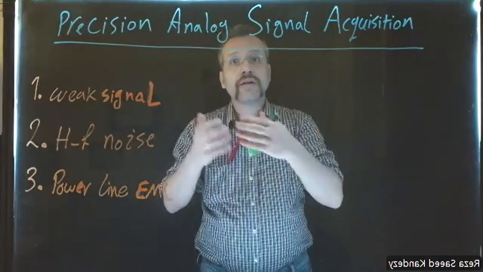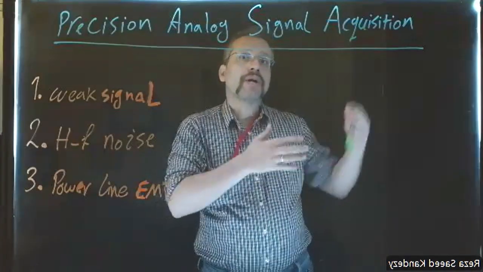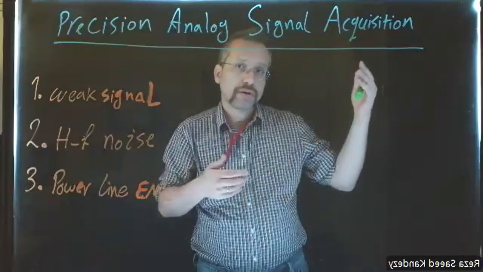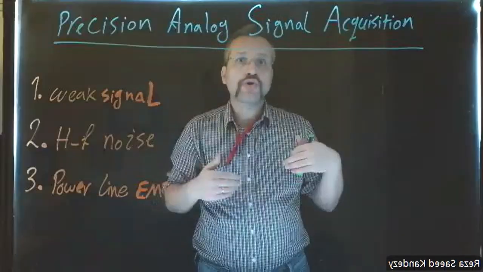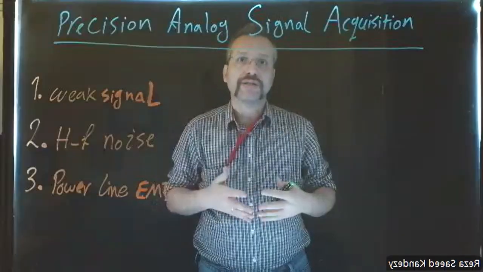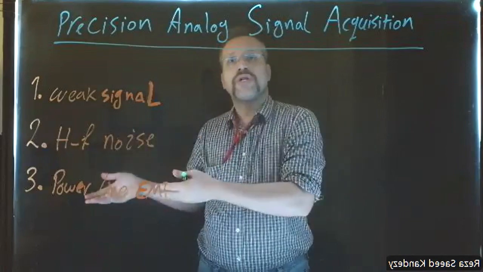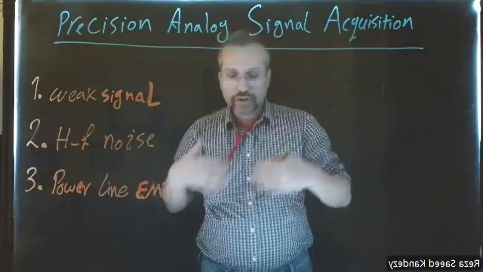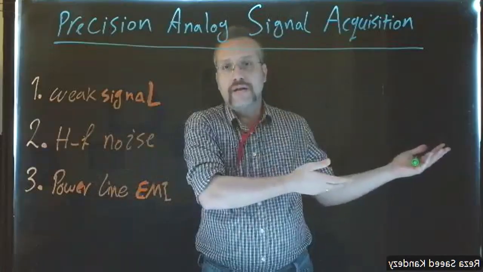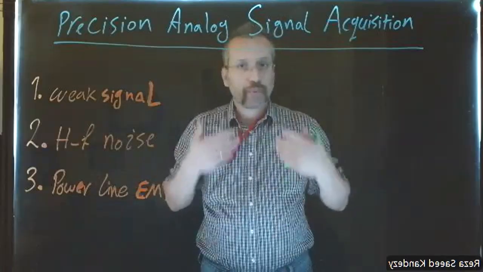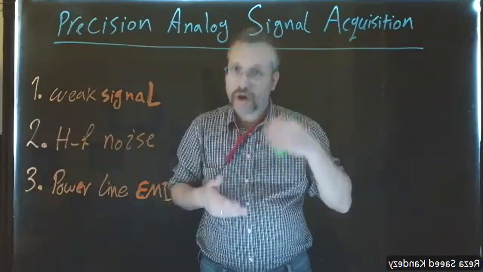We need to deal with the shortcomings and problems in those signals so we make sure that our processing system, which is going to deal with that input signal, can run properly.